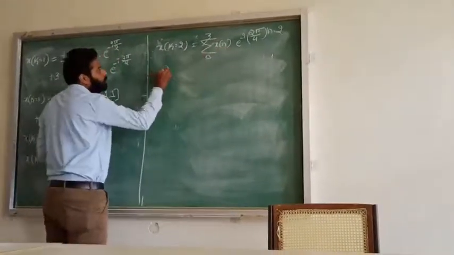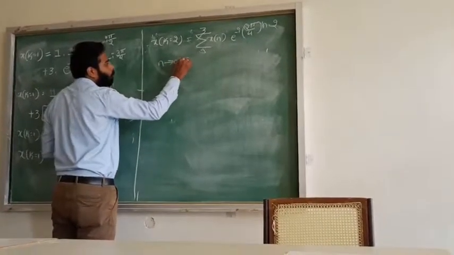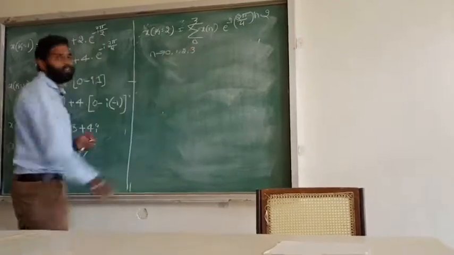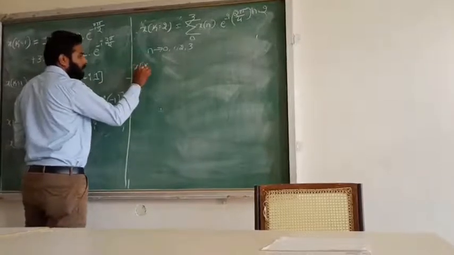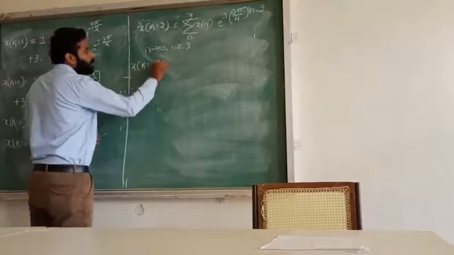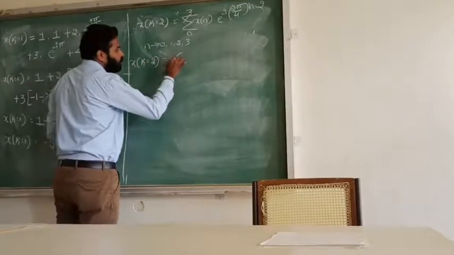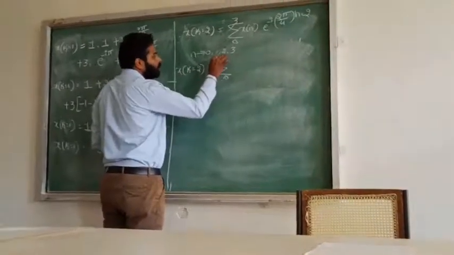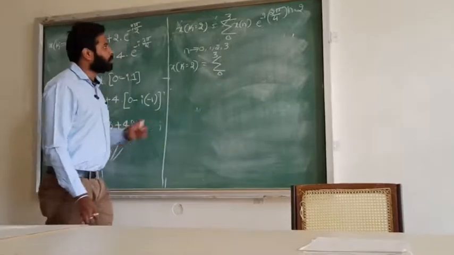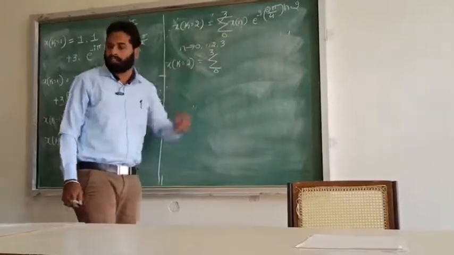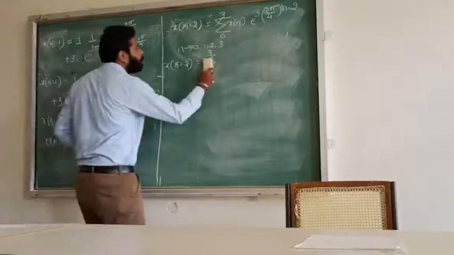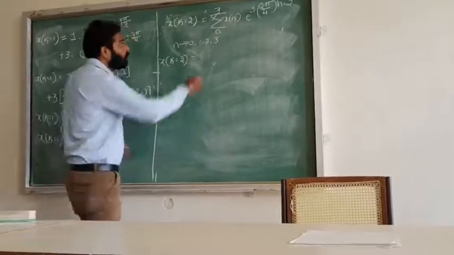Now in this equation we put n is equal to 0, 1, 2 and 3. So x at k is equal to 2 is equal to summation 0 to 3. In place of n, first we put 0, then 1, then 2, then 3. So first we put 0.